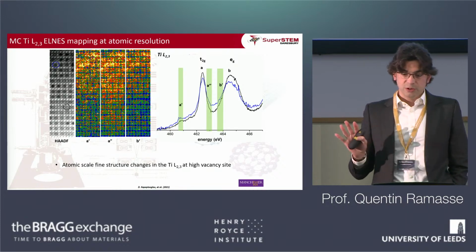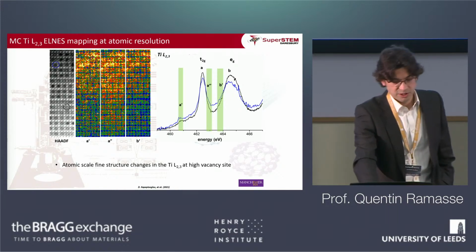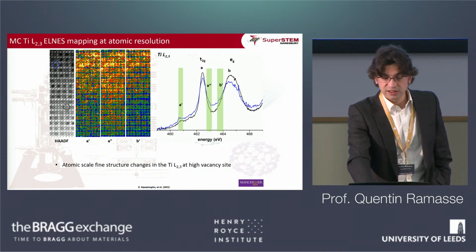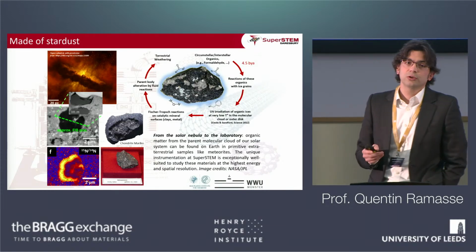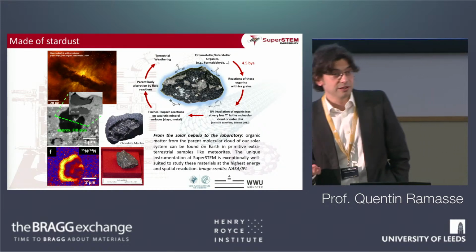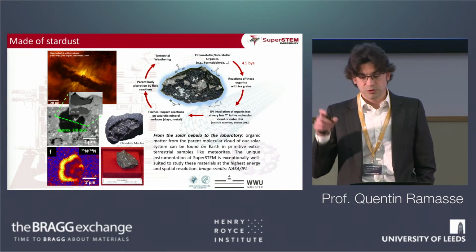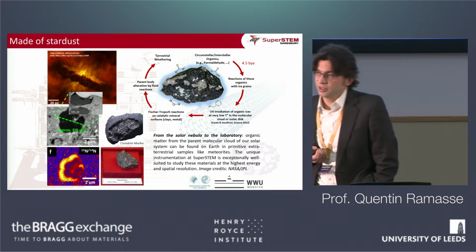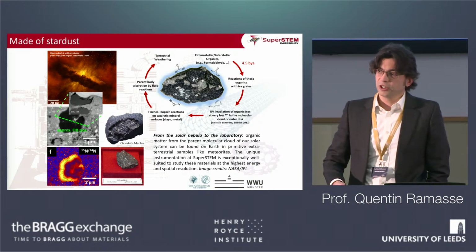I want to take a little bit of a step back before going back in at the deep end, perhaps, and say that it's not necessarily all about single atoms or atomic structure. You can also look at slightly bigger things, but still benefit from having those tools and those really fine probes. And that's a particular example that I like a lot, because it goes from the very small to the very big.